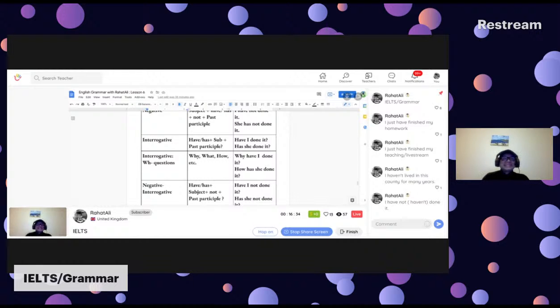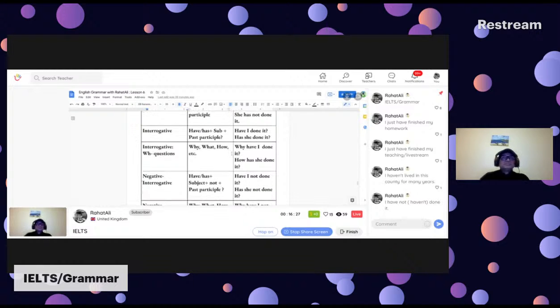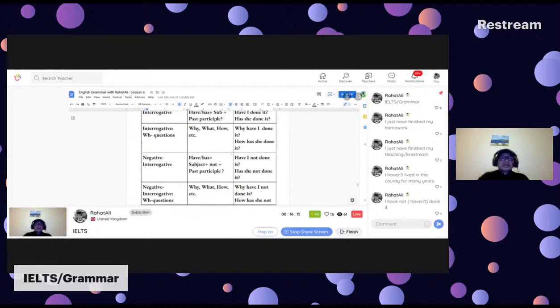Now, if you want to make negative interrogative, which is sometimes a bit confusing, remember that in negative interrogative, if we use not, it should come after the subject, and if you use contraction, then that's easy. Let's go without the contraction first. Negative interrogative, like have I not done it, or haven't I done it?